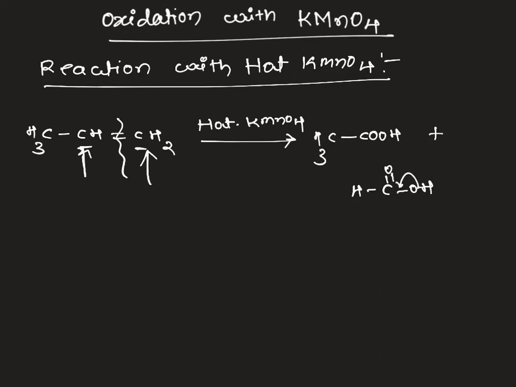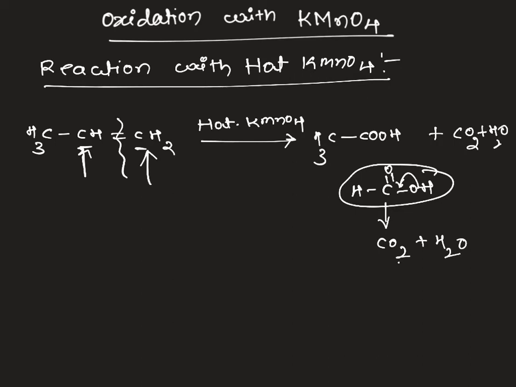It undergoes further oxidation, which gives carbon dioxide and H2O. Whenever formic acid is formed in the environment of hot KMnO4, it is converted into CO2 and H2O. So simply I can say that whenever you have a terminal alkene, the terminal carbon will convert into CO2 and H2O.